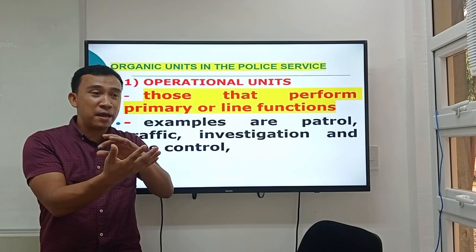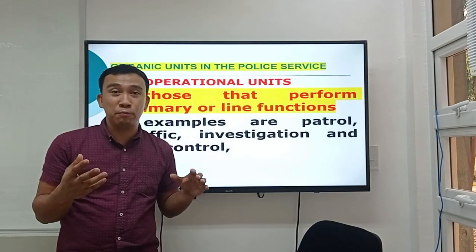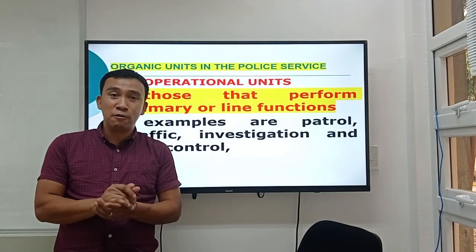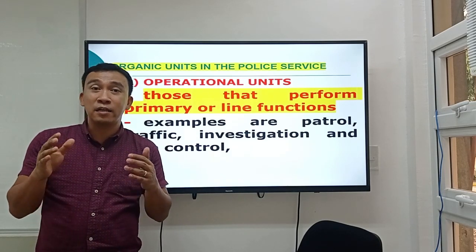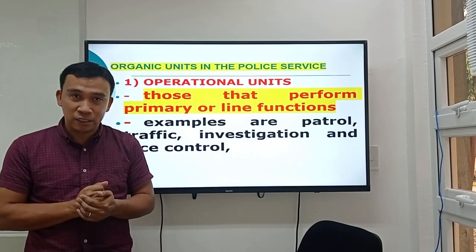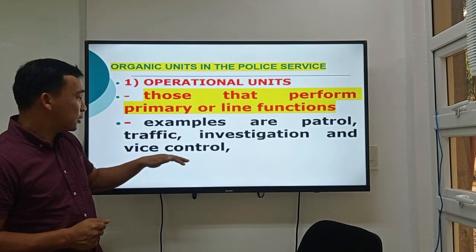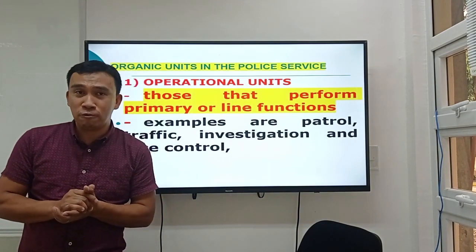Pero ang pinaka-main mission ng PNP ay nandoon sa community. So majority ng mga tao, members ng police organization natin ay nandito sa operational units, performing patrol, traffic, investigation, vice control, and everything na kailangan ng community.